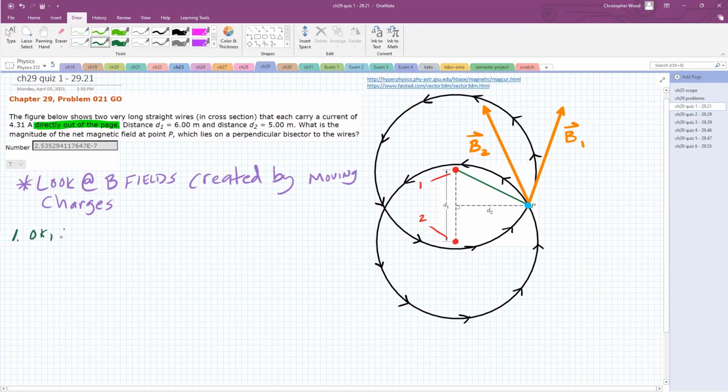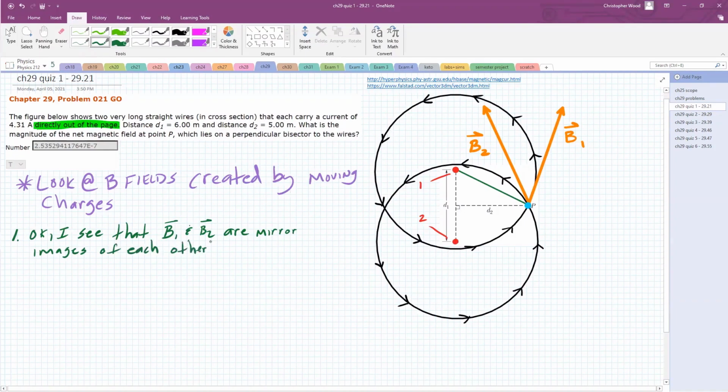I see that B1 and B2 are mirror images of each other. So there's some symmetry, and things are going to get easier. Always look for symmetry. And here we do see some symmetry. I see that B1 and B2 are mirrored across the y-axis.